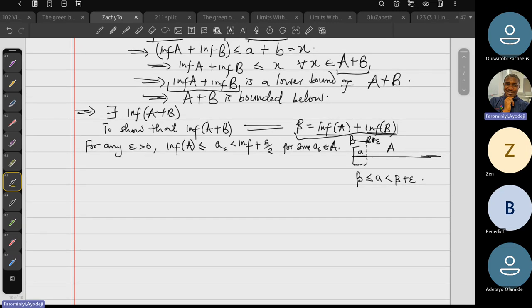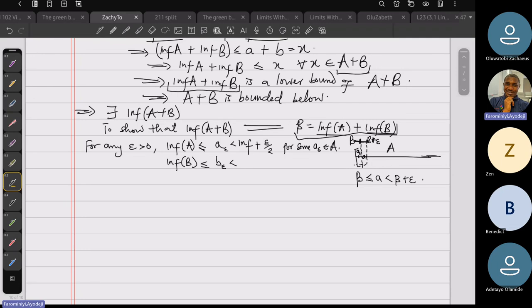So this should be less than or equal to. Similarly, the infimum of B is less than or equal to some particular B epsilon, because it depends. I'm putting epsilon there because that A depends on the kind of epsilon we pick. If a particular A works for this big epsilon that I've picked, and I pick a smaller epsilon, that A will not work, so we will need another A. So the A that we choose depends on the epsilon that we pick.